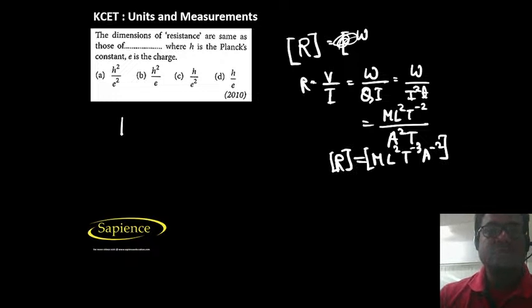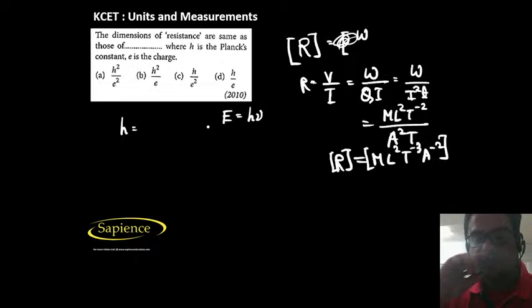And for Planck's constant h, we know that E equals h nu, according to Einstein's formula for the energy of every photon, where nu is the frequency of the electromagnetic wave which has been used, h is the Planck's constant and e is the energy.